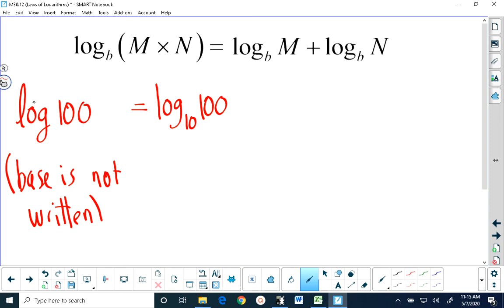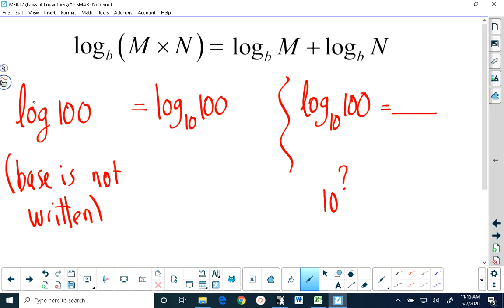And if I were to ask you what log base 10 of 100 is equal to, from the last lesson, it's equal to the exponent to which you raise 10 to get 100. This is the most useful way to think of a logarithm. A logarithm is the exponent to which you raise the base to get the argument, which in this case is 100.